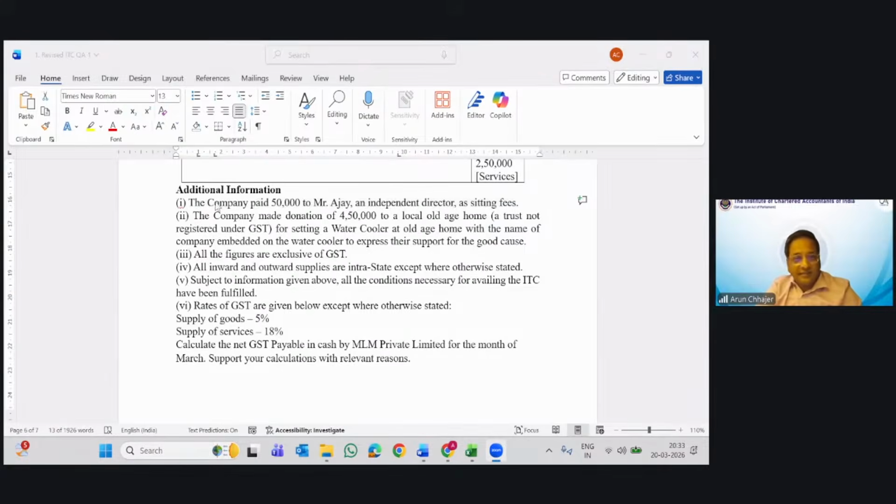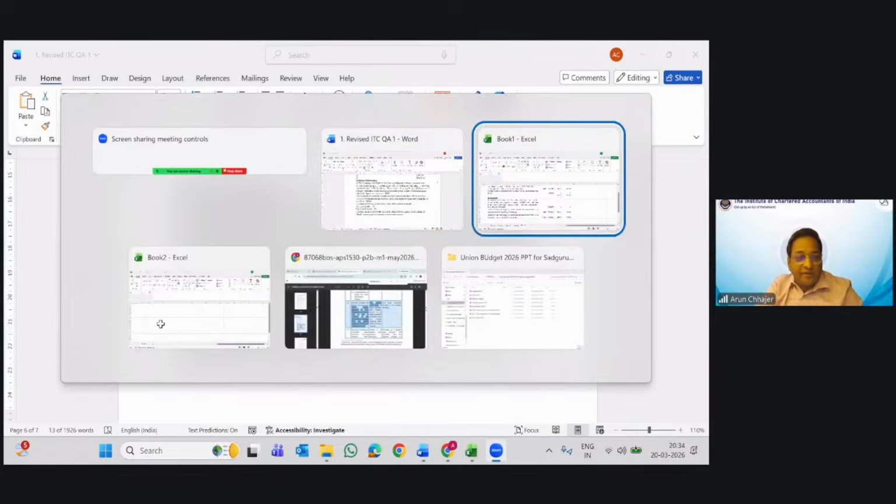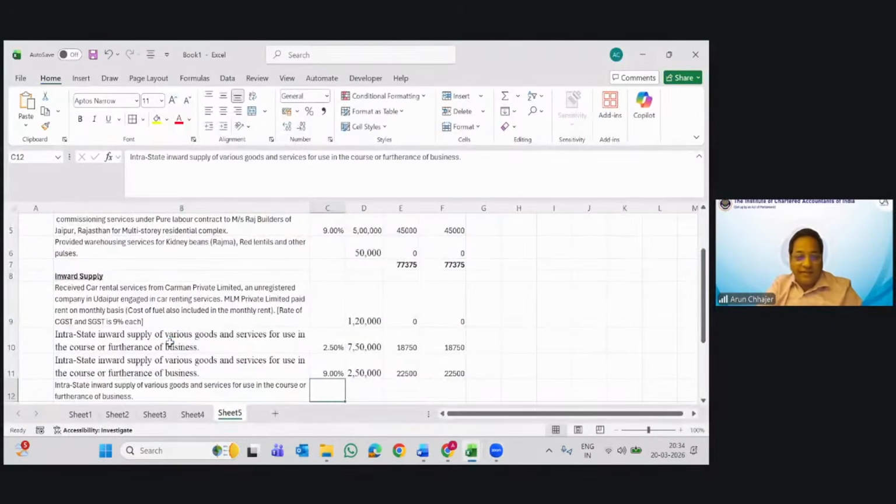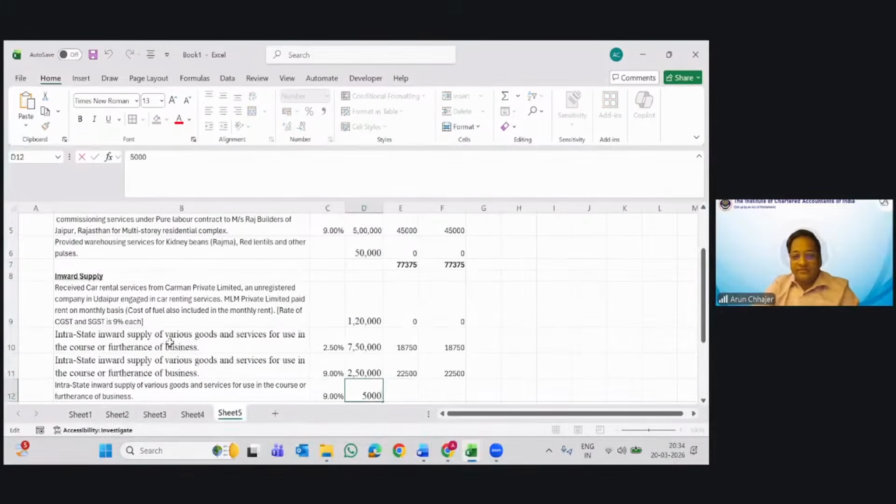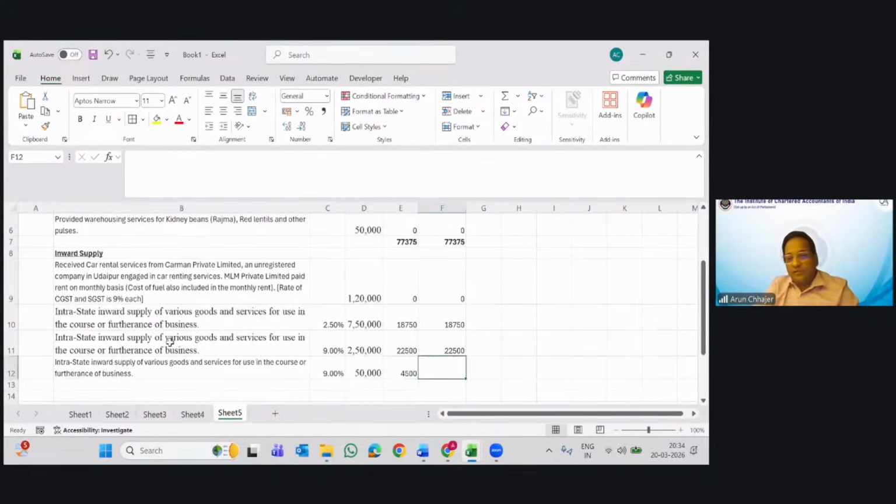Are all clear now? See, sitting fees paid to the director will always be under RCM, correct? So the value is 50,000 and the tax is 4,500. The company will pay the tax under RCM. Correct.